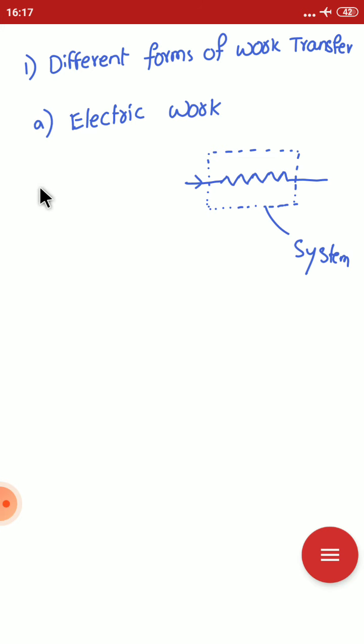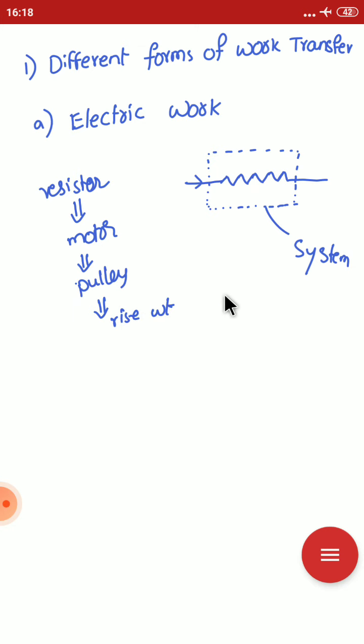Because when the current flows through a resistor, the resistor can drive a motor. The motor can drive a pulley. The pulley can raise a weight. So there is a work transfer through a resistor.